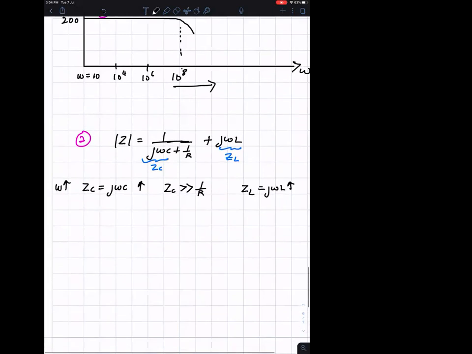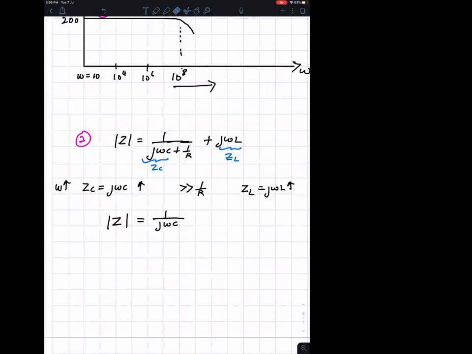Okay, so the net result is your Z. On this part here, this is going to be just 1 over j omega C, right or not? I can just put ZC because ZC is dominating.